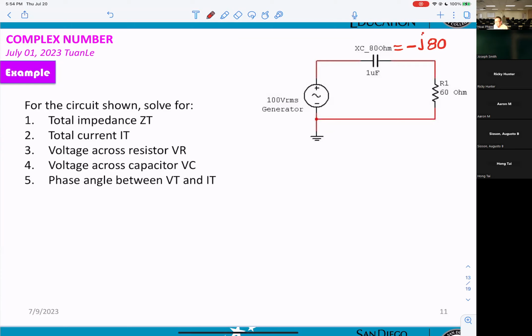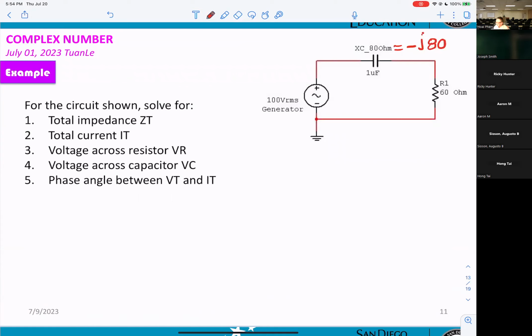Inductor plus J, capacitor minus J. 80 means 80 ohm. That is the first thing you have to do.